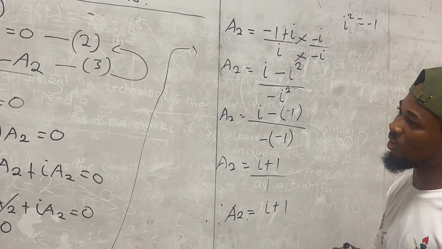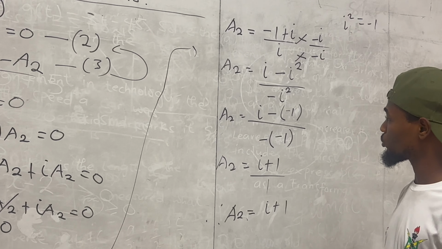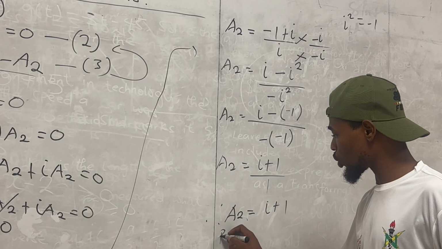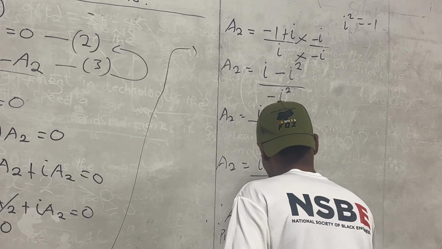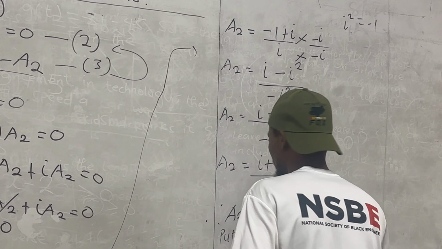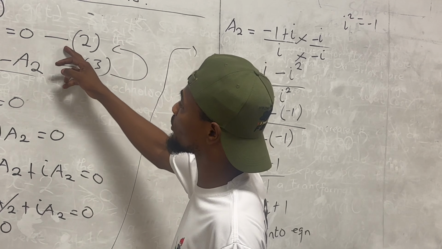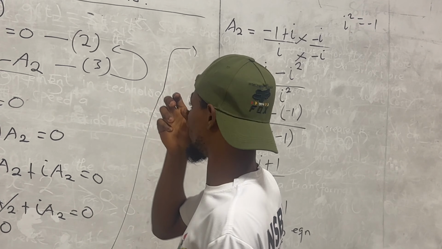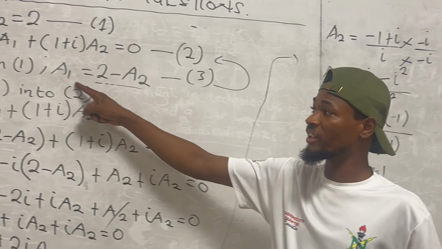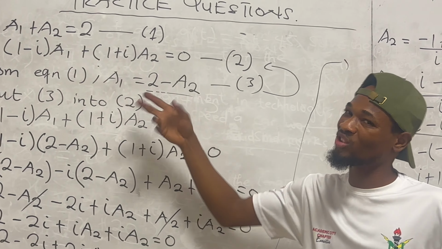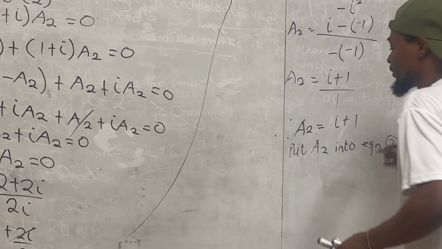The question says solve for A1 and A2. So I have A2 here, and I'll substitute A2 into any of the equations, either equation 1, 2 or 3. I'll pick equation 3, because A1 has already been made the subject.